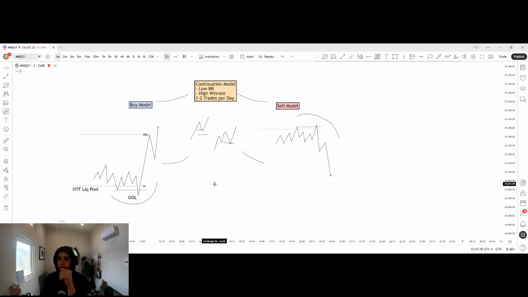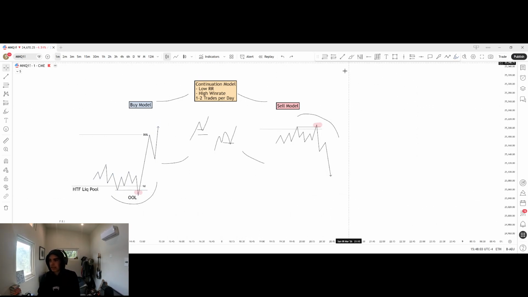I want to figure out how to optimize this more and make it more precise. If you're a higher time frame trader, you're looking to catch the order liquidity, catch the manipulation here and trade that down, or you're looking for continuations, just like I'm looking for continuations here. But I'm using this as confirmation.